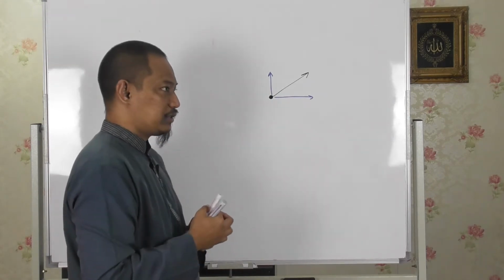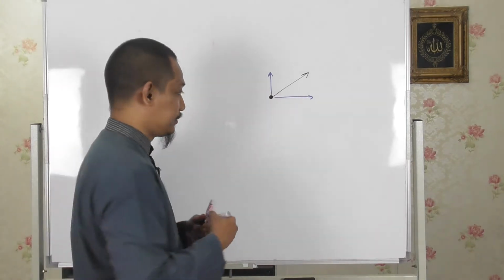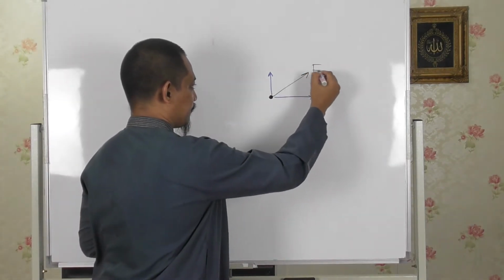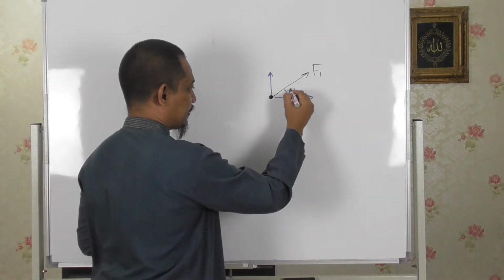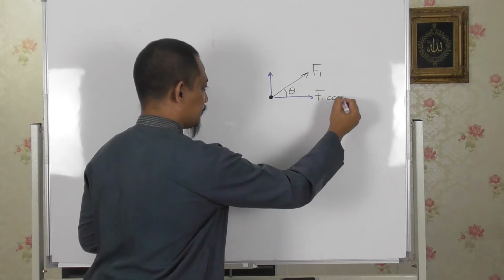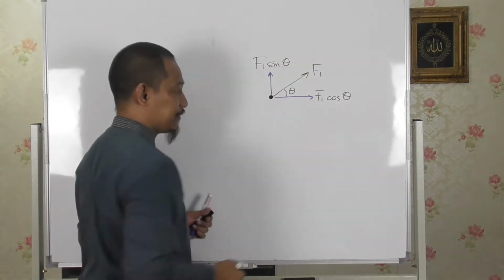So when we do summation of forces in the x component or y component based on this, let's say this is F1, and then we have this theta, right? So you will have F1 cos theta here, F1 sine theta here, right?